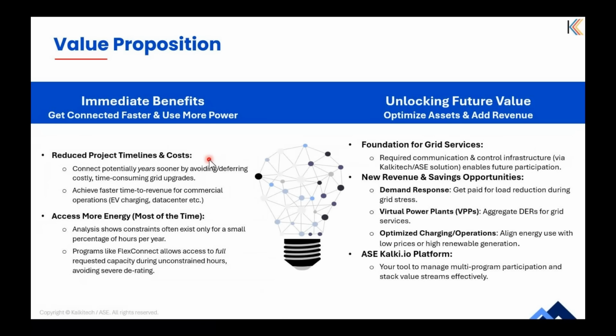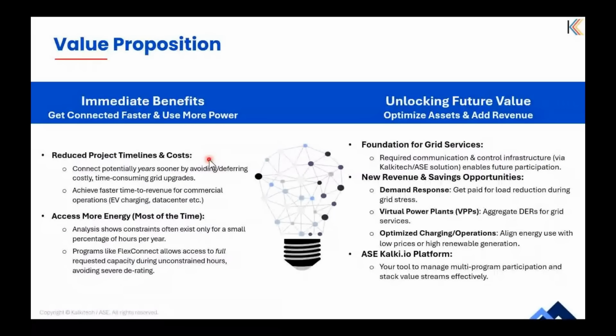Participants can potentially connect years sooner compared to waiting for traditional grid upgrades, avoiding significant capital expenditure and delays. This directly translates to faster time to revenue for commercial operations like EV charging stations or data centers. Alongside the faster connections, you typically access more energy, most of the time.